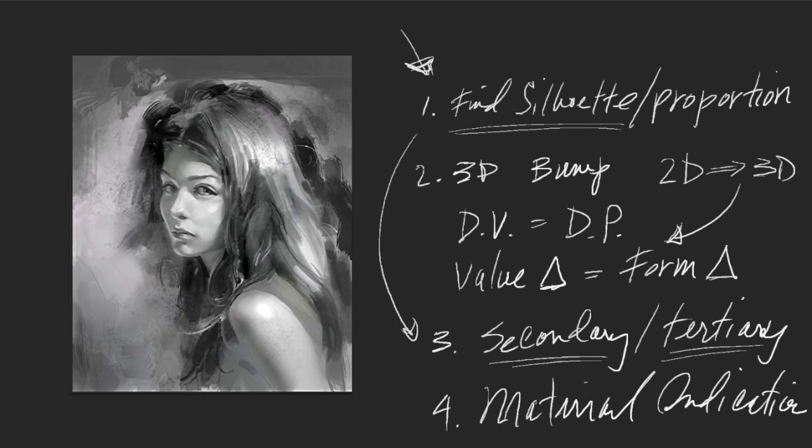So in other words, when you have a shiny metal object, you have a very tight white specular highlight, and the falloff from that is very quick until you get to the form shadow, and that's very tight and quick. So there's not a lot of falloff on that.